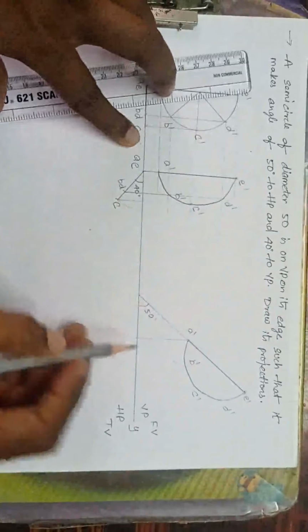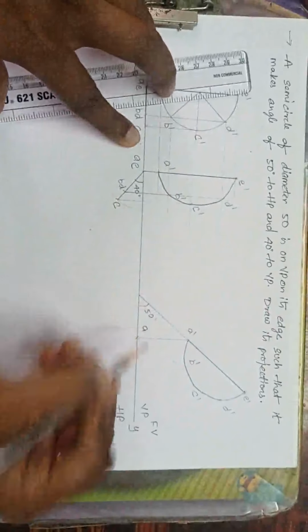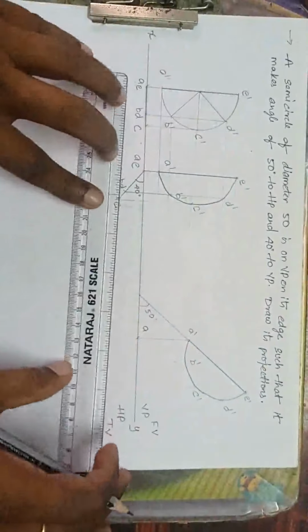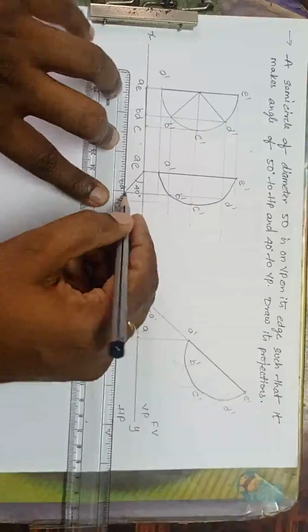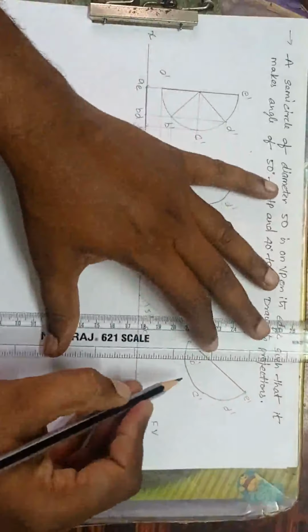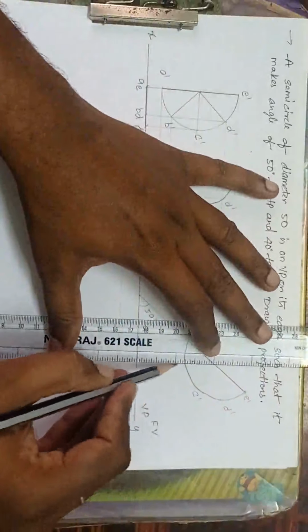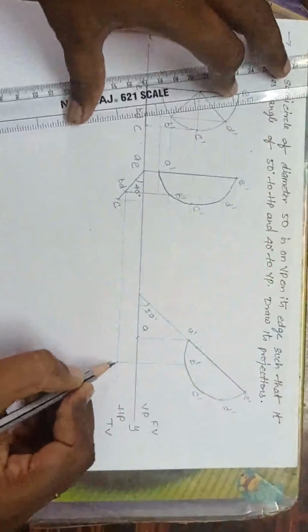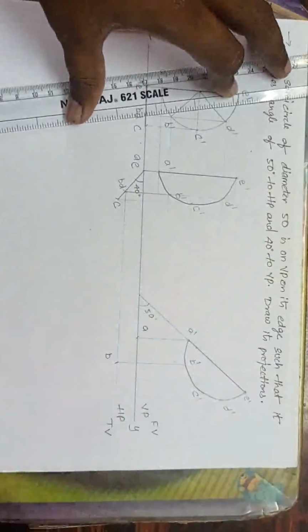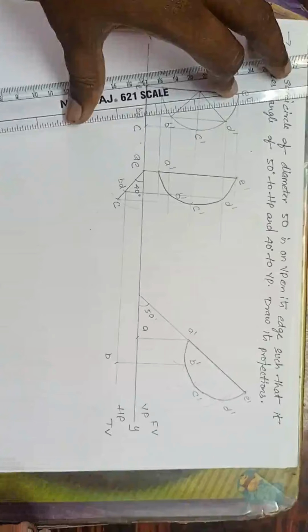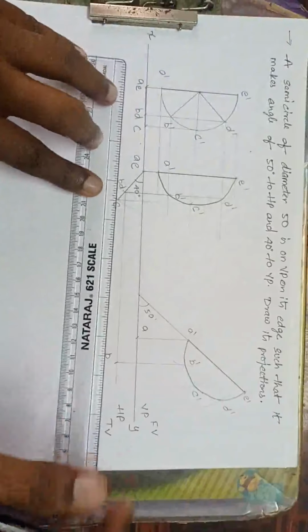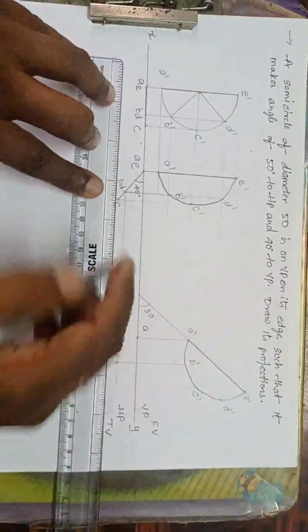So this is A. This is A. Now I want B. So from B, I will draw the horizontal line. From B dash, I will draw the perpendicular line. What is this point? This is B. Next, I want C. From C, drop the horizontal line.